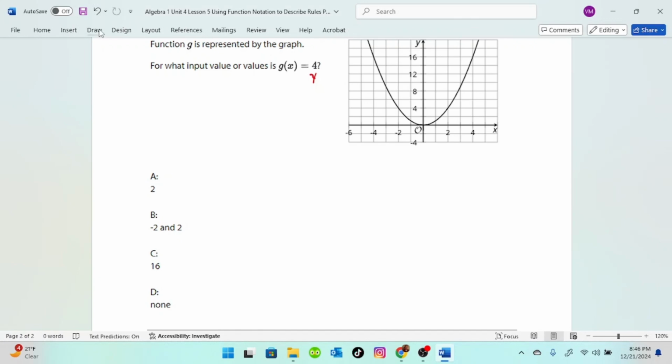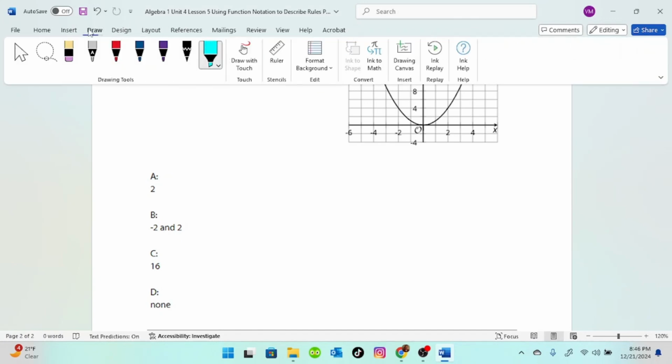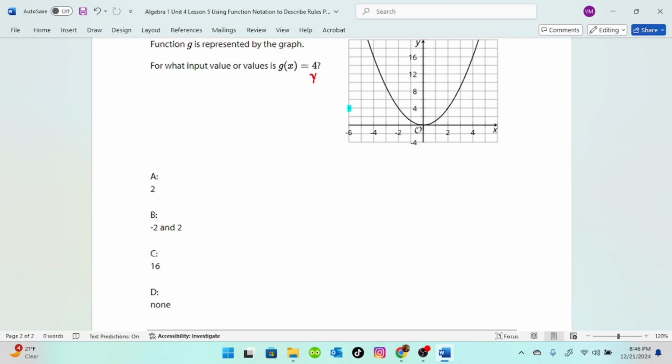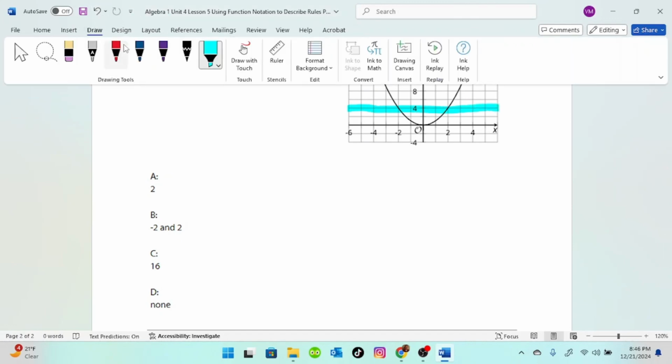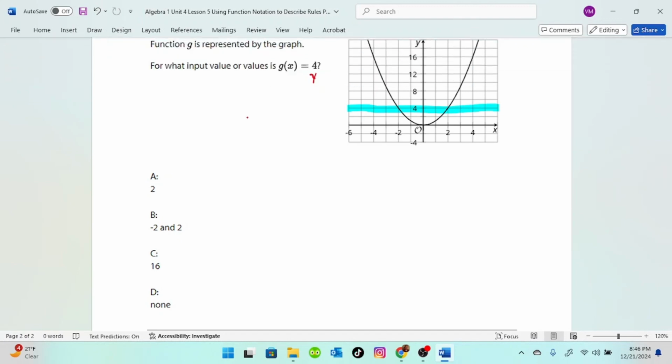So what you can do is I'll use a highlighter, and I'm going to highlight this line where y equals 4. And what you want to do is find the points where that's true. So we have a point right here, and we have another point right here.